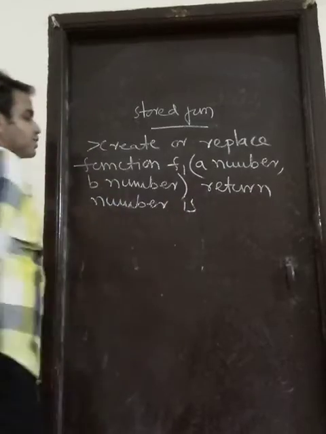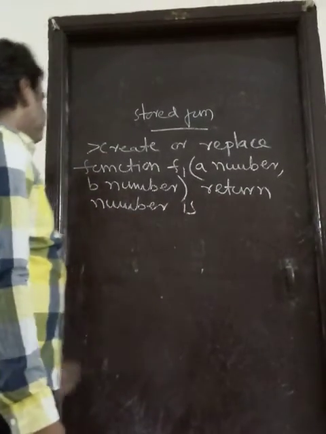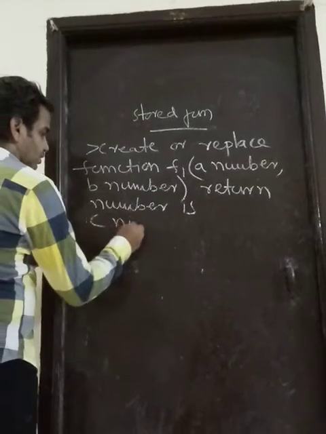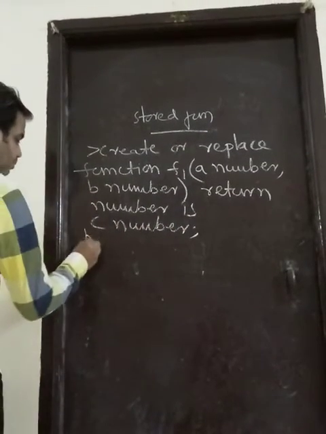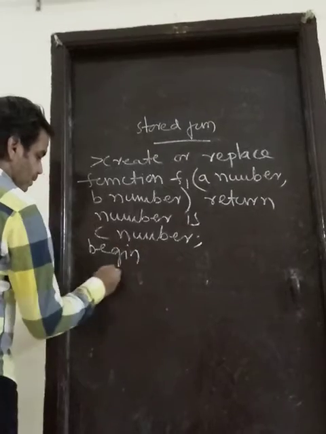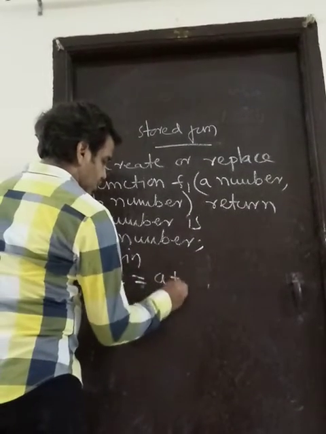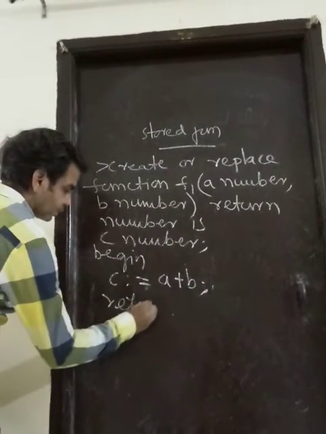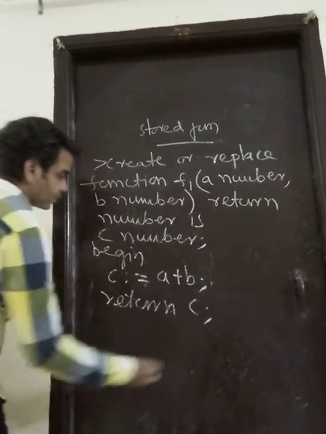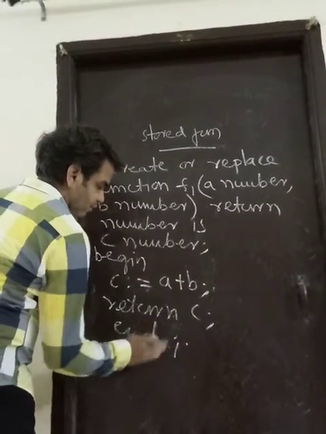So in procedure there is just is, but here it is returning, so we should write return number is C number, semicolon, then begin. C is equal to A plus B, whatever we are passing, then we are returning C, return C. So end F1, function 1.